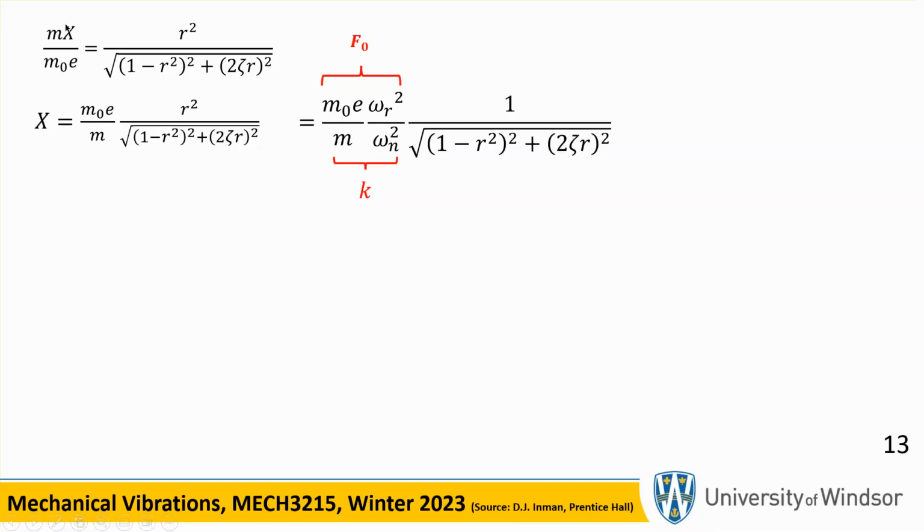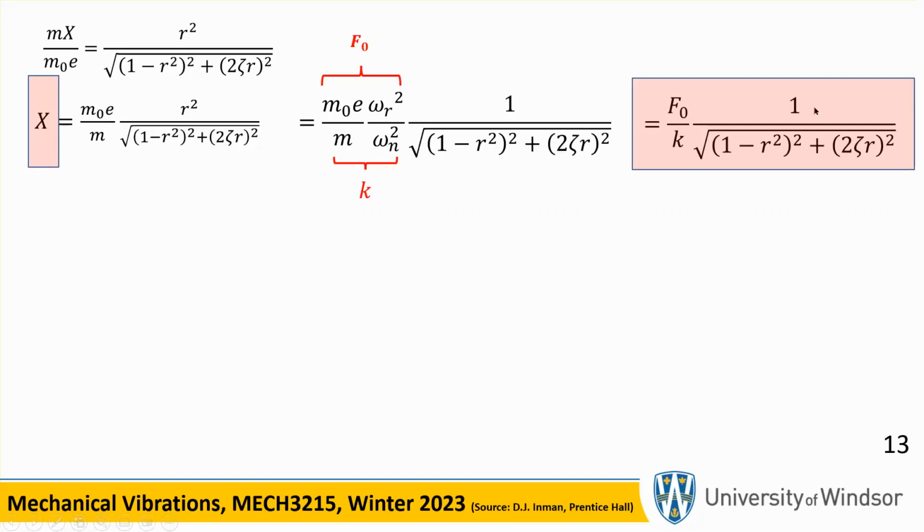So when you think about it, although I've used this formula, essentially this formula could have been viewed as big X equal to F naught over K times that dynamic magnification factor, okay? So you can look at this as F naught over K times that, category one problem, and we want to find the X. So written like this.